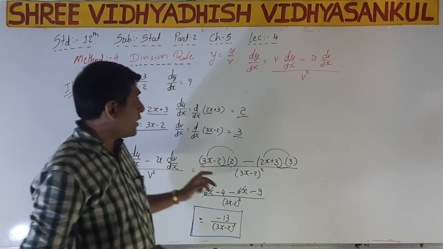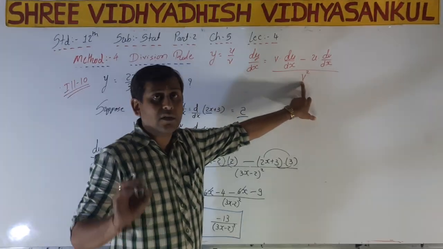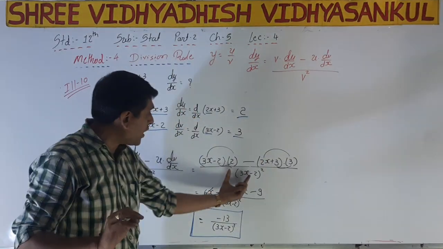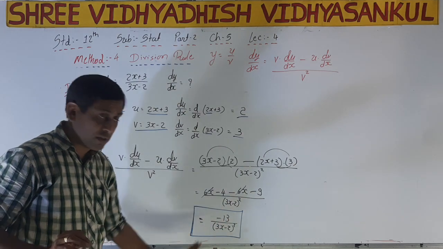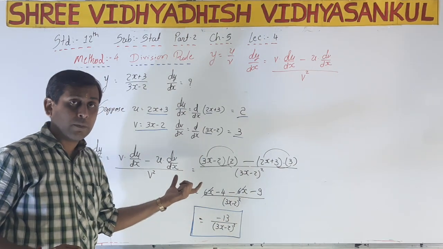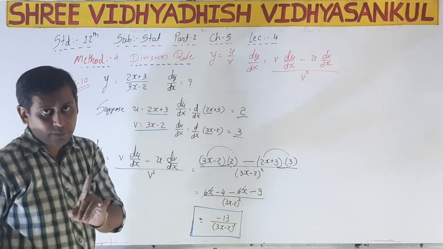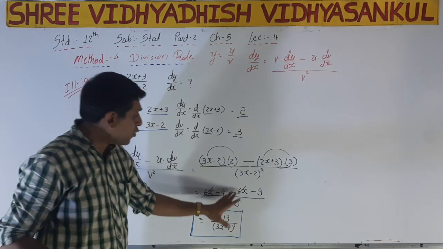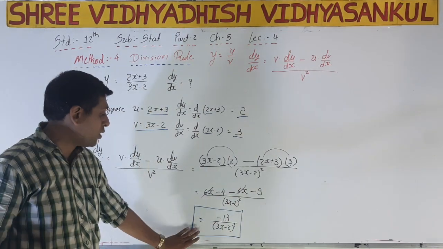Okay, so remember that whenever the division rule is there, v square is in the denominator and we have to write up to answer that v square as it is. If in the numerator same bracket is there, then and then we have to cancel it one time. Okay, otherwise we have to write just v square as it is up to the answer.